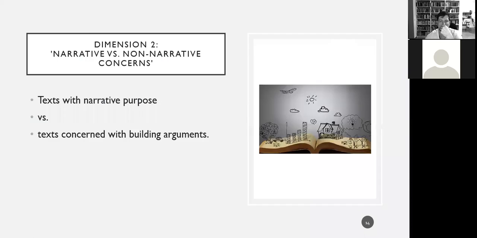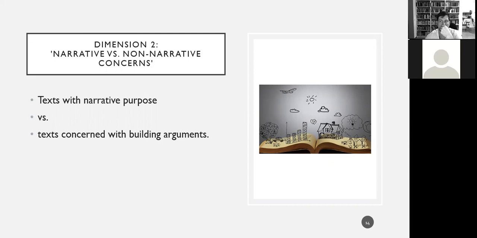So the second dimension is called narrative versus non-narrative concerns. Well, the positive pole are texts with narrative purpose, for example, fiction, romantic fiction, and the negative pole, texts concerned with building arguments.